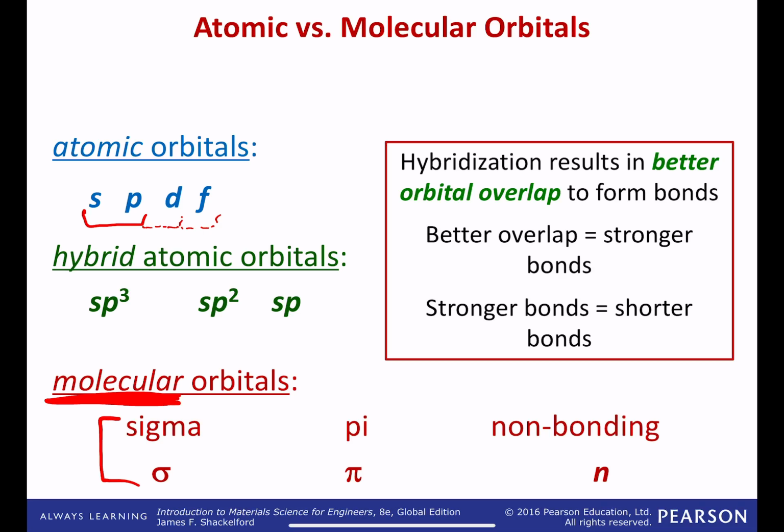Now, when the electron density is not within the axis joining the two nuclei together, that is, there's some electron density above and below that axis, we have pi bonds. And in certain cases, you can generate non-bonding orbitals as well.